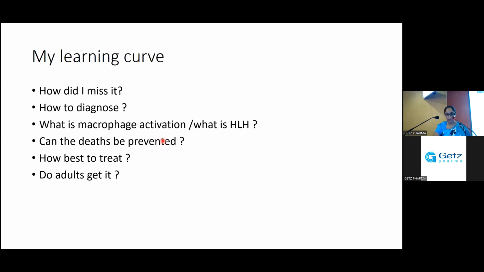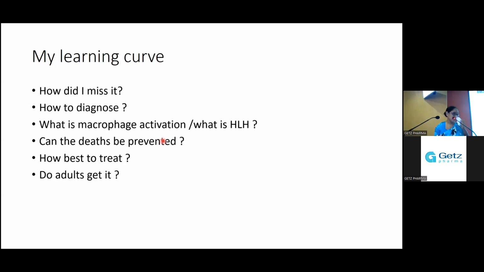Yes, they do. I remember back when I was a house officer and a registrar, when the first outbreaks of dengue came, these people did not know how they died. And a lot of people died until they realized that dengue can cause HLH and leakage and all that.